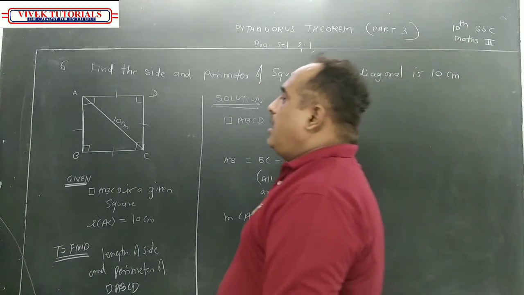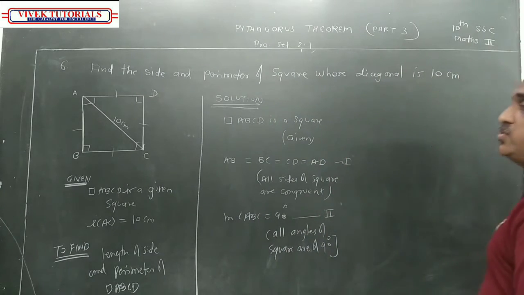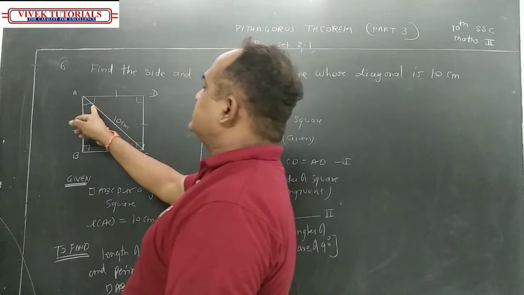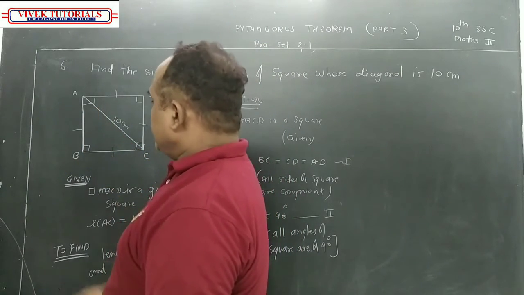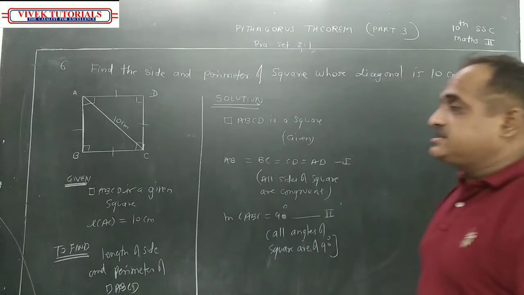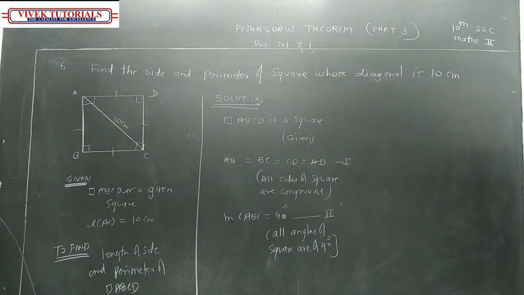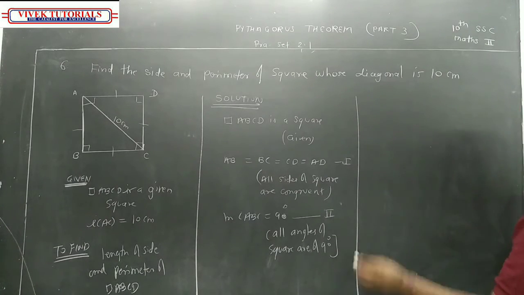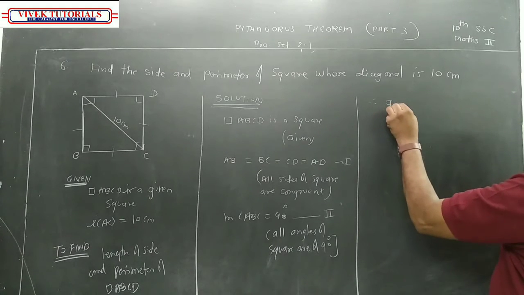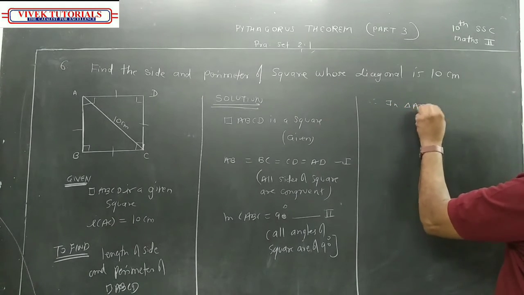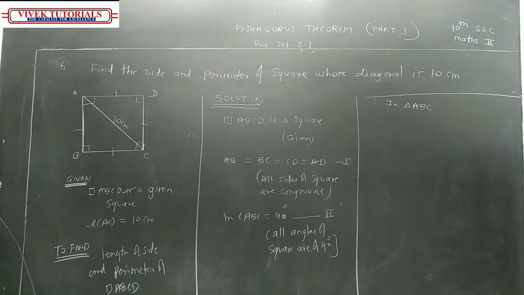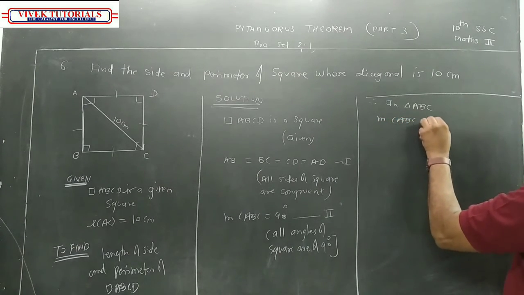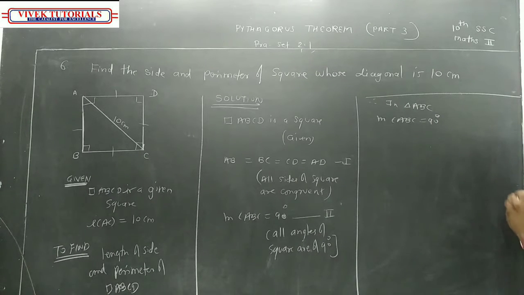Now, here we can make use of the previous question we just did. You can convert this, you can write it as 45. You can apply the 45-45-90 theorem, or you can directly apply the Pythagoras theorem. It will be better. You got it? So what I am going to do, therefore, in triangle ABC, measure of angle ABC is equal to 90 degree.